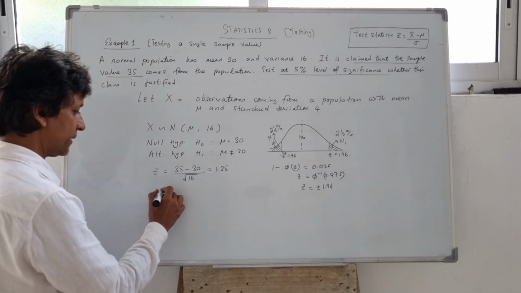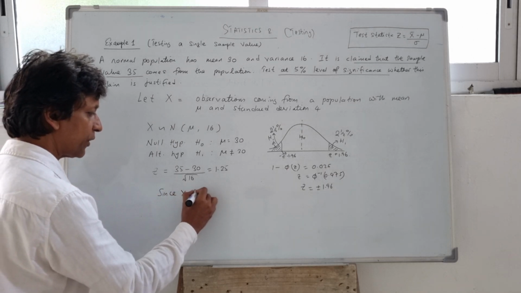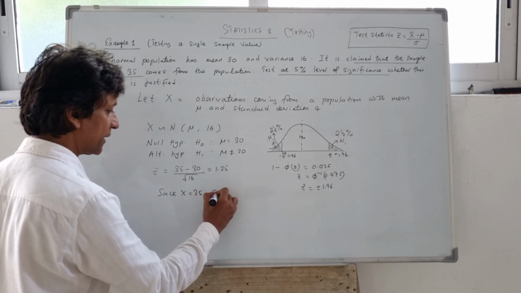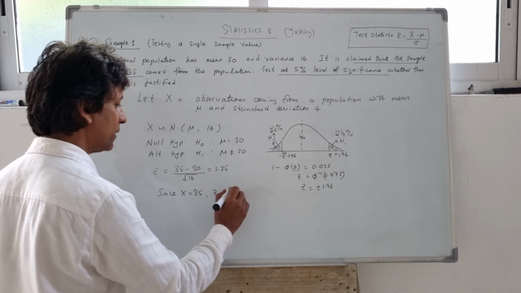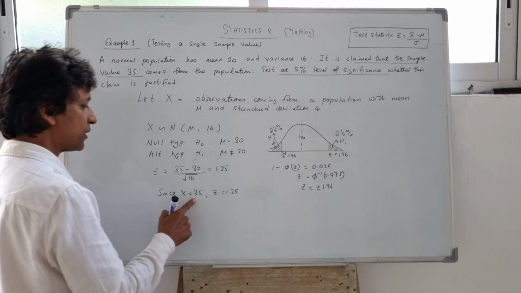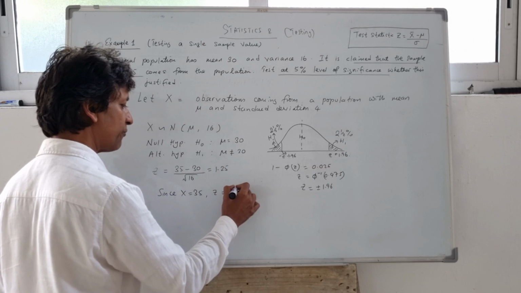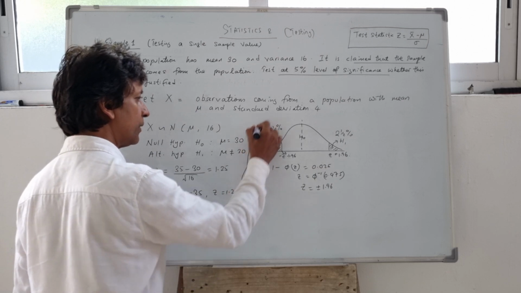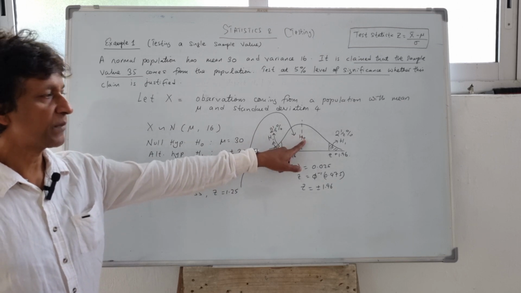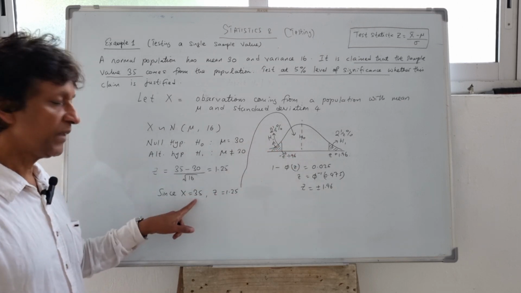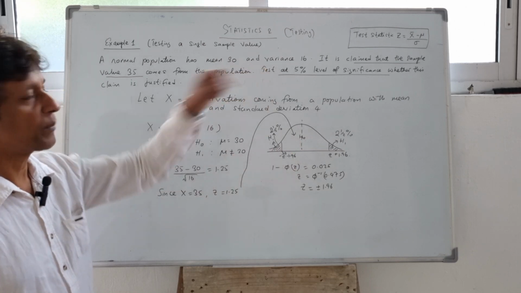And since x is equal to 35 and Z is equal to 1.25, the 1.25 basically now falls into this region here. If it falls in this region, we accept H0. So we're saying that this value 35 comes from the population.